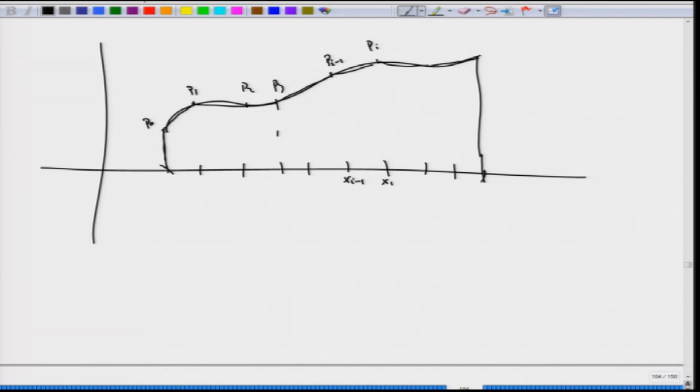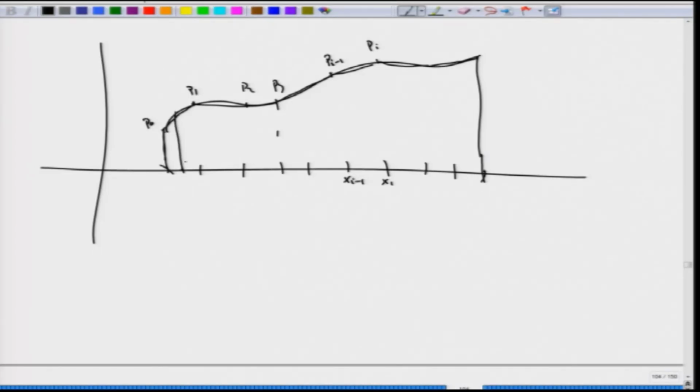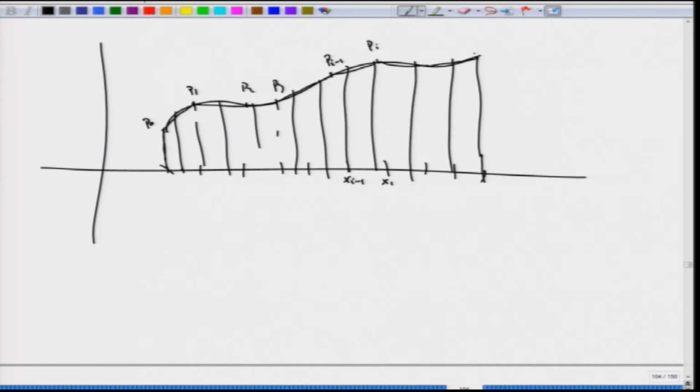As you can see, I may not be able to calculate the length of this curve, but we know how to estimate the length of this line. Now, if we go to finer and finer partitions, obviously we are going to approach the length of the curve, and in each step we are going to compute the length of a straight line, which we know how to do.